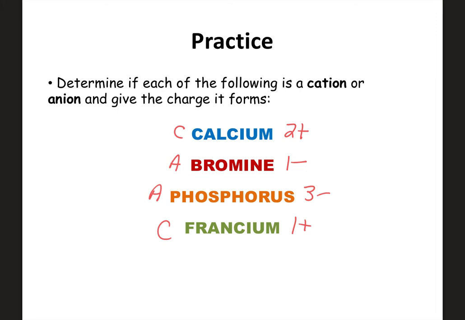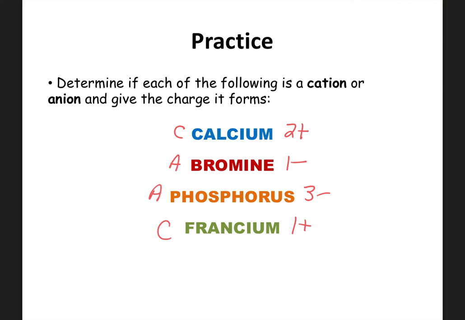Hopefully, these are the answers you got here. All right. Any of the elements that are positive, those are going to be your cations, because remember, cations are positive. So calcium and francium are both going to be cations, and then your negatives, bromine and phosphorus, are going to be your anions, because anions are negative. And then remember, you just look up these charges based on where they're at on the periodic table.